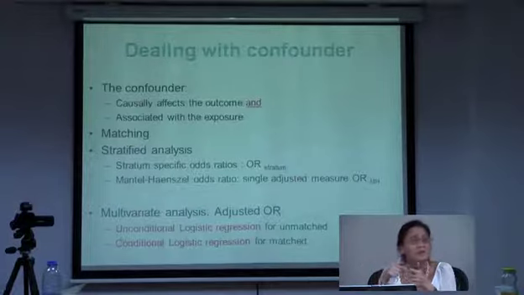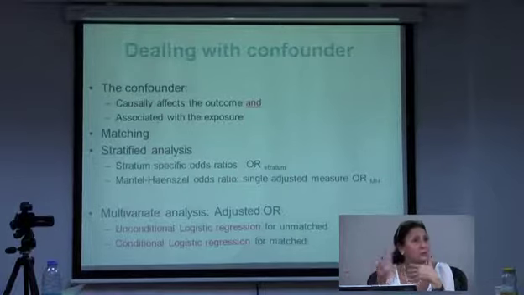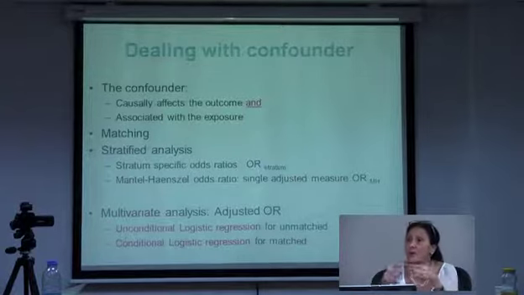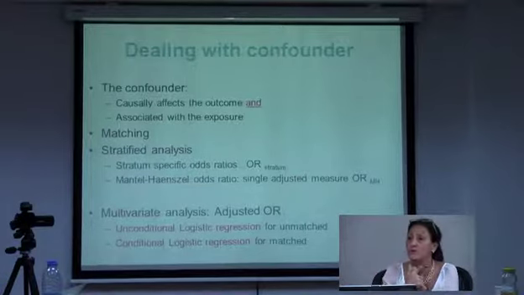Age could be as well associated with smoking. Age does not cause smoking; it's usually older people tend to smoke more. Is that a causal association? No. So if a variable is causally associated with your outcome and associated with your exposure, this is called a confounder.